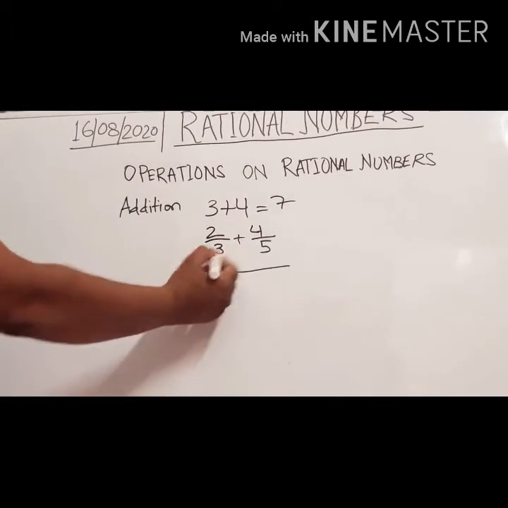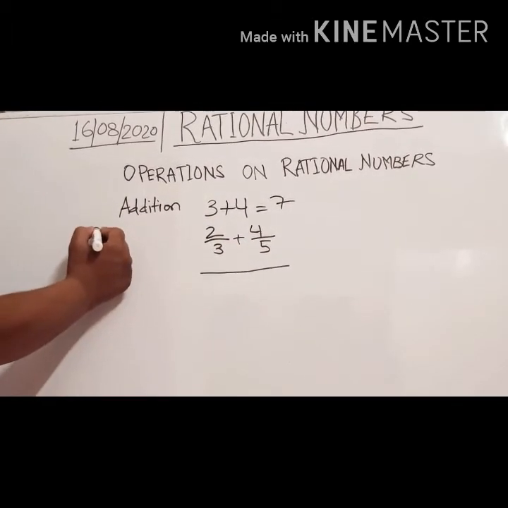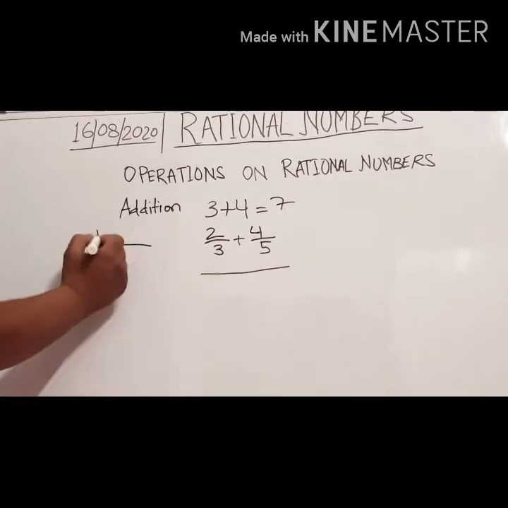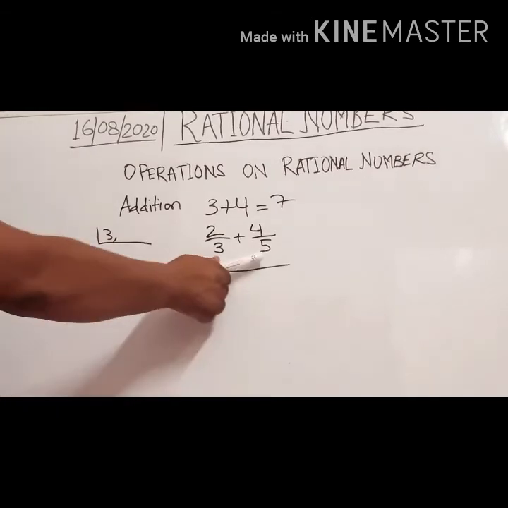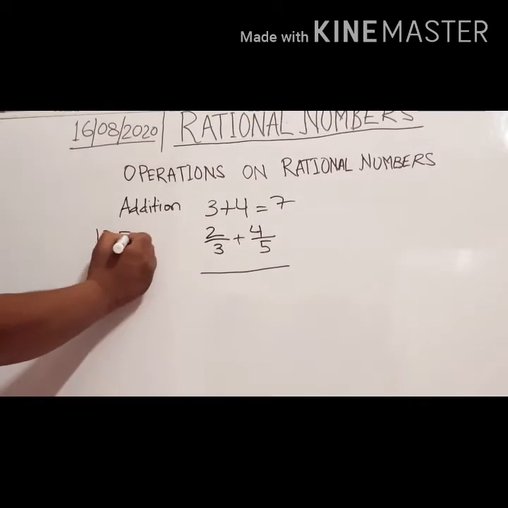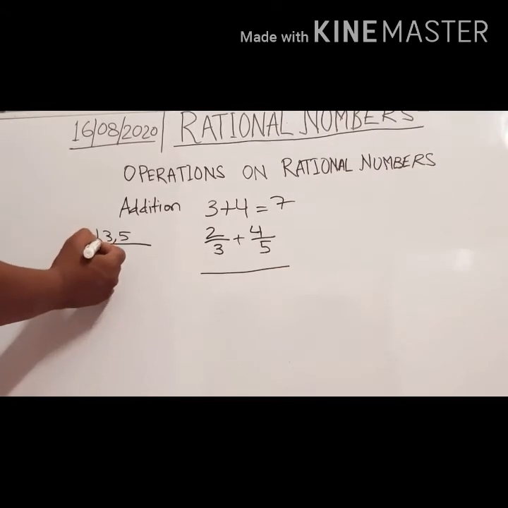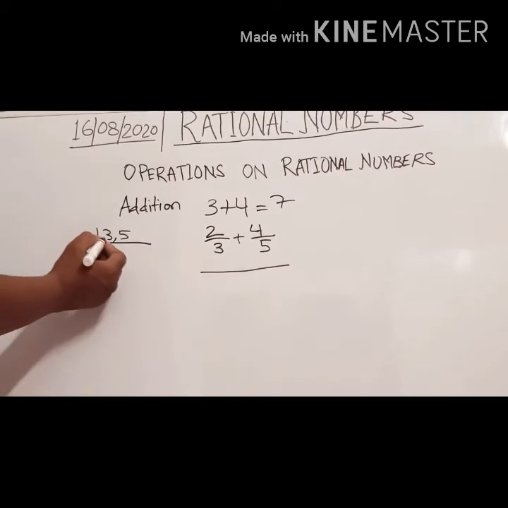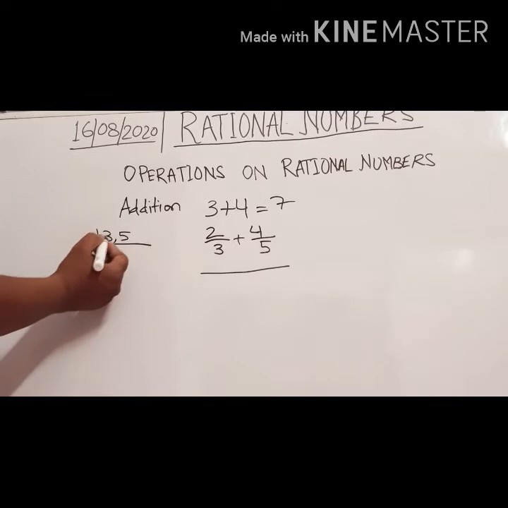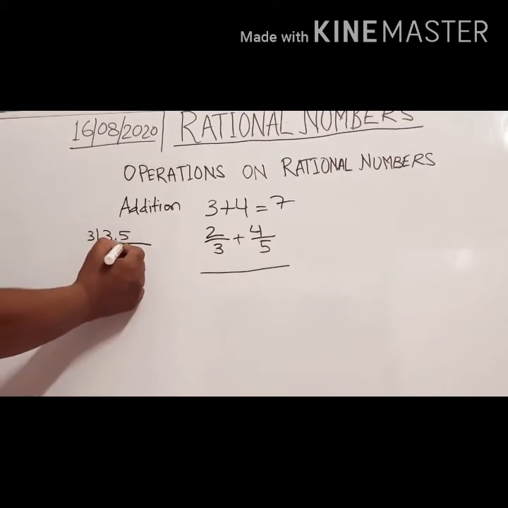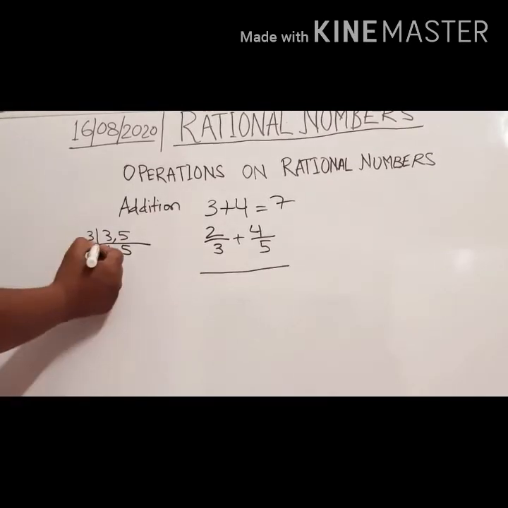To solve these two rational numbers, what we have to do is take the LCM of the denominators. The first denominator is 3, the second denominator is 5. Take the LCM of these two numbers, dividing the two numbers by a common number. There is no common number for these two numbers, so we will write 3 1s are 3 and 5 like this.